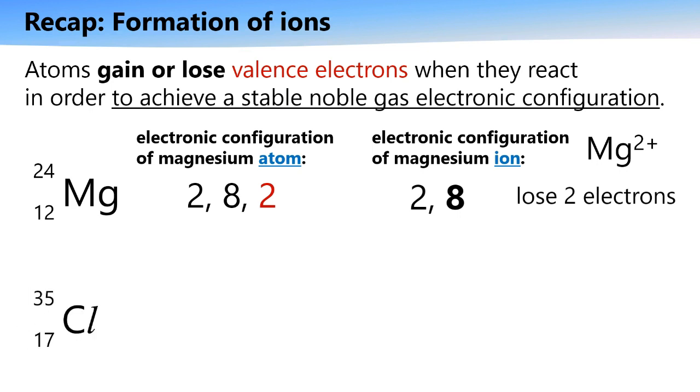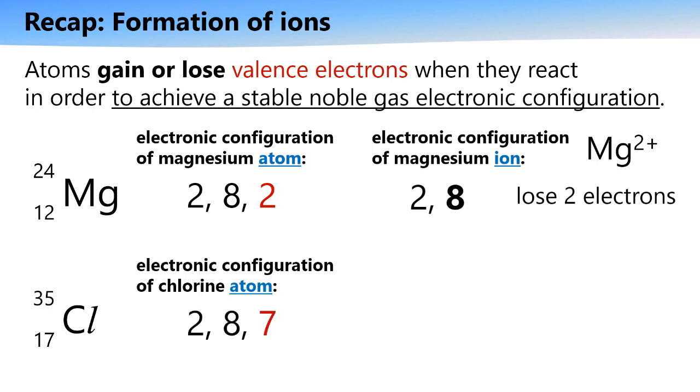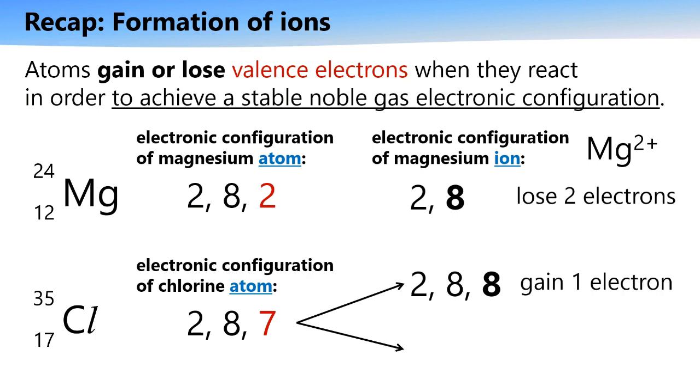Next, let's look at chlorine. The electronic configuration of the chlorine atom is 2,8,7. Now, to become a stable noble gas electronic configuration in its ion, chlorine can either gain 1 electron to get 2,8,8, or it can lose 7 electrons to get 2,8.